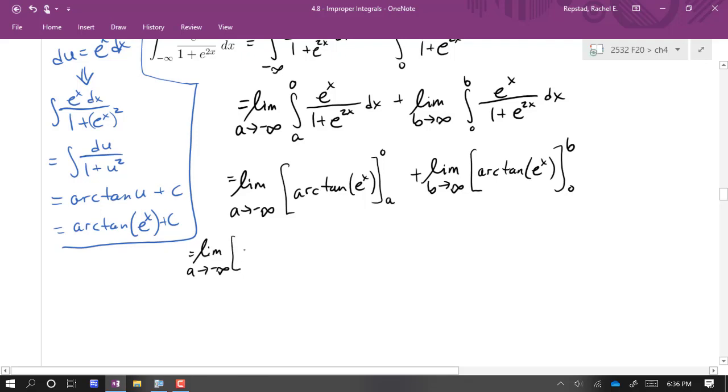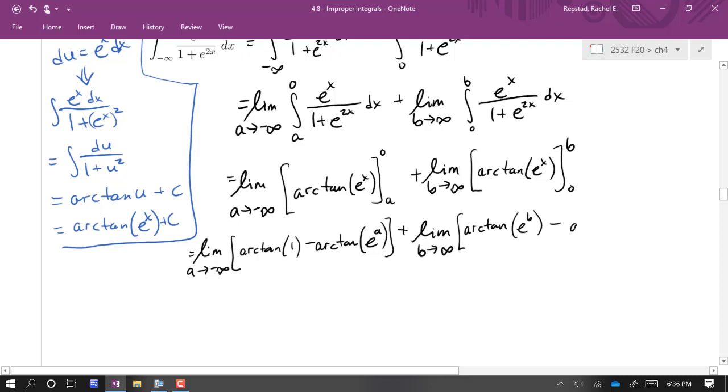So we have arctan of e to the 0, which is 1, minus arctan of e to the a, plus the limit as b approaches infinity of arctan, upper limit first, arctan e to the b minus arctan of e to the 0, which is 1.